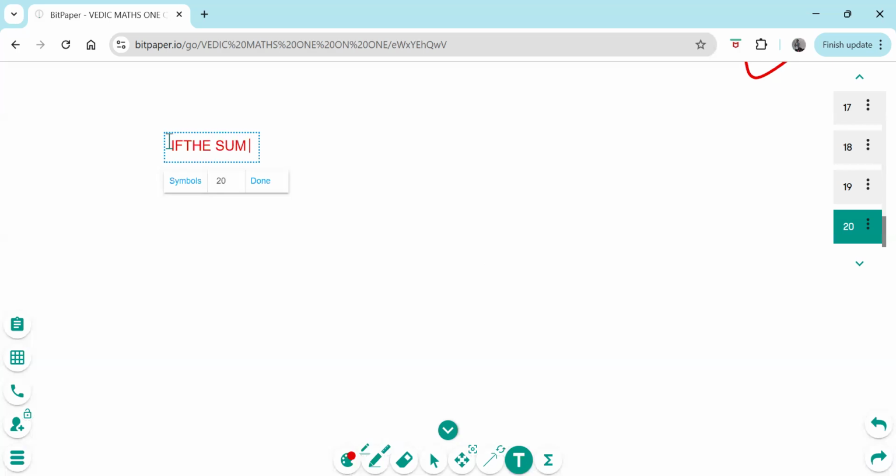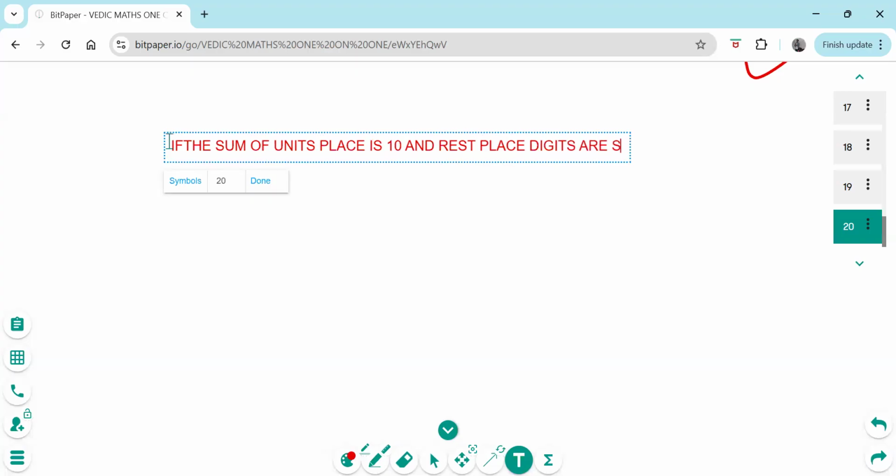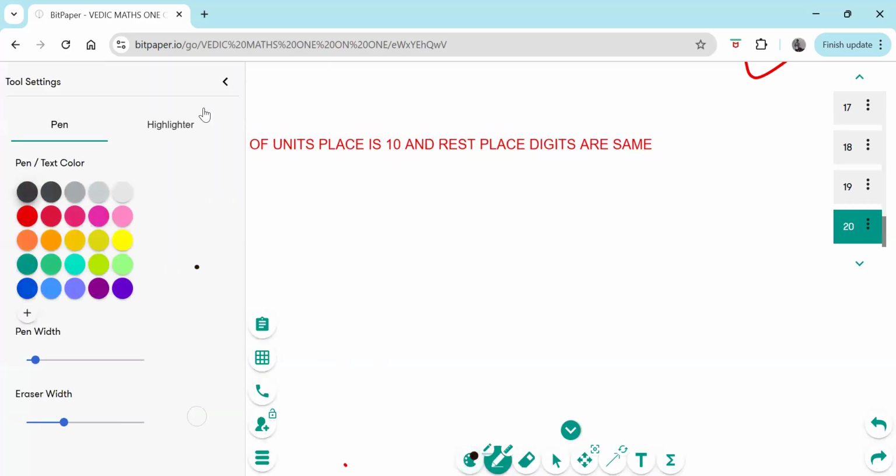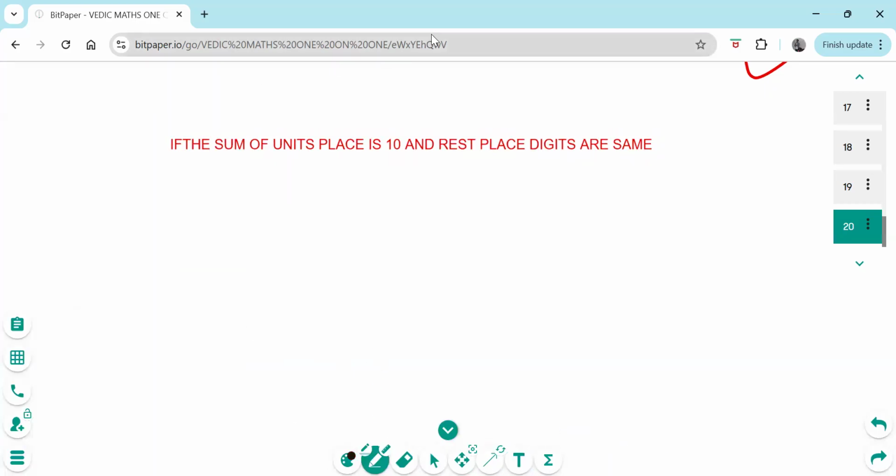If the sum of units place is 10 and rest place digits are same. If that is the case, how to solve it? Is there a trick for it? Okay. Now, 67 multiplied by 63.